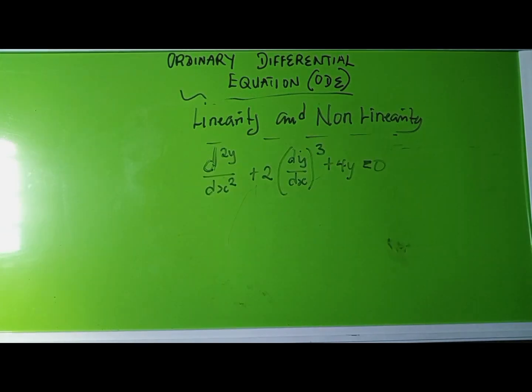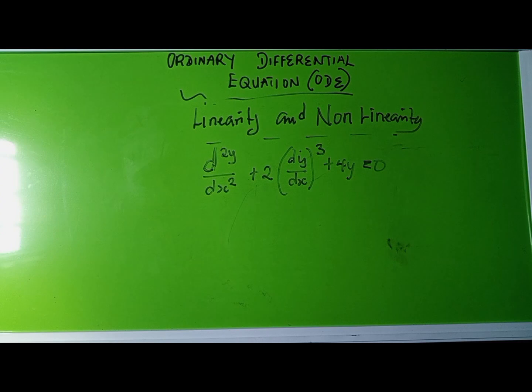Looking at the equation given, let's see if it is linear or not. What was our first condition? No product of dependent variable and derivative should exist.